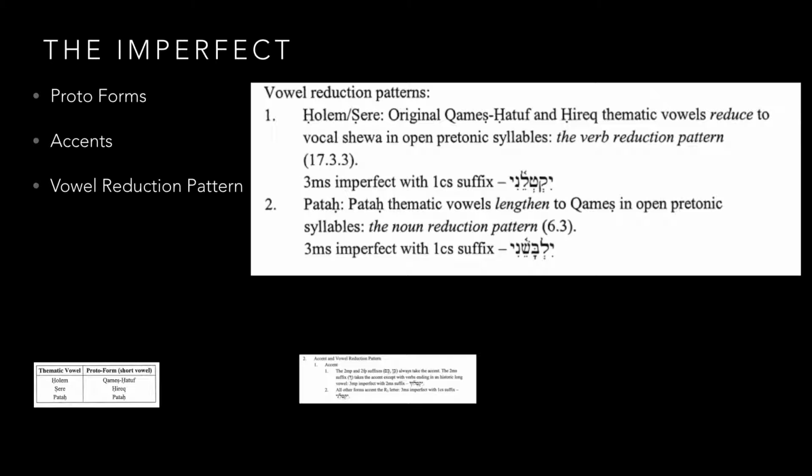It gives you an example there with the 3MS imperfect and the 1CS suffix. A-class vowels with a patach, or A-class verbs, we are going to lengthen. So we're going to use the noun reduction pattern here. Lengthen a pretonic open, and if we have anything propretonic, we're going to reduce that to a vocal schwa as well.